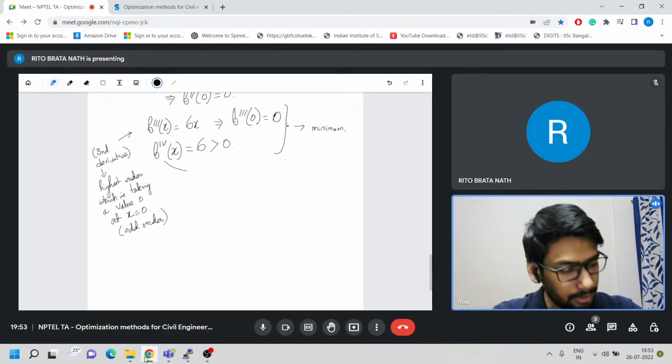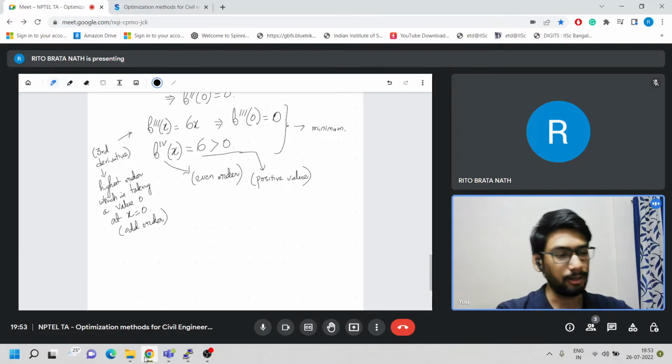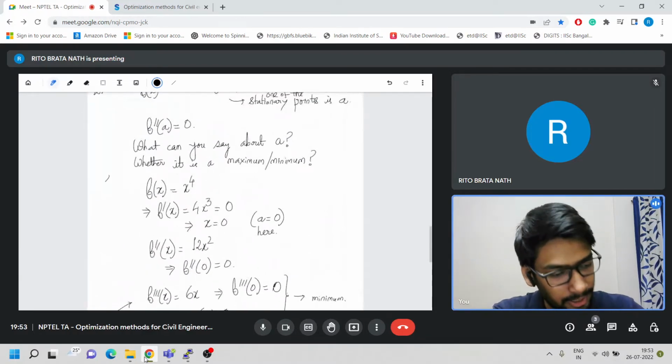And then the next derivative is an even order, and it is taking a positive value. So this will imply a minimum point. This is your example 1.